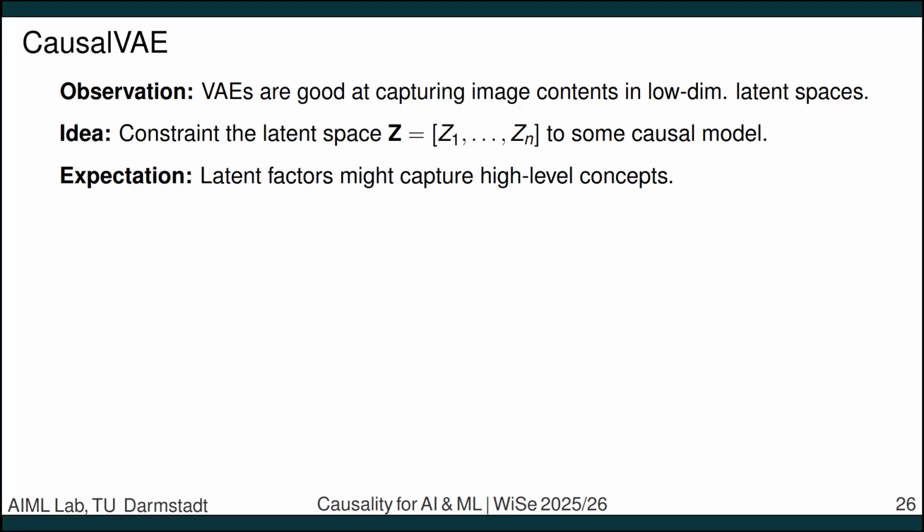The benefit of VAEs is that they are very good at capturing image contents in low-dimensional latent spaces. A VAE consists of an encoder which takes a particular image and transforms it into a latent vector with a lower number of variables, maybe 100 variables, and then a decoder which takes this latent vector again and tries to reconstruct the original image from it.